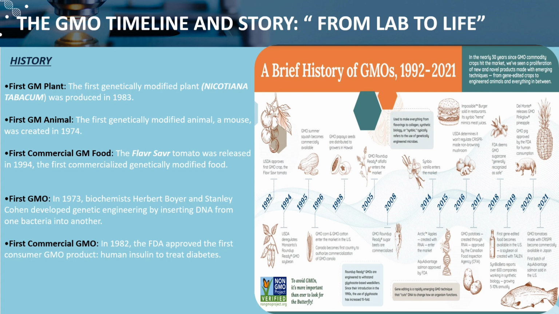Here, if we look at the brief history of GMOs from 1992 to 2021, some genetically modified organisms have been created. Like here we can see the genetically modified corn and cotton in 1996, and the Arctic apples were created with the technique called RNA interference in the year 2015. So this is the history of genetically modified organisms.